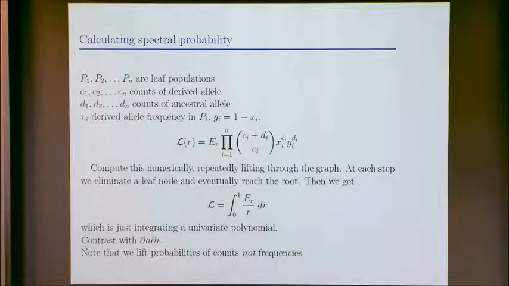And so you have this binomial formula for the probability of seeing a particular count vector. I see a bunch of counts C, the complementary counts are D. This is just the binomial theorem for what the likelihood is of seeing those counts, conditional on my variables at the leaf.